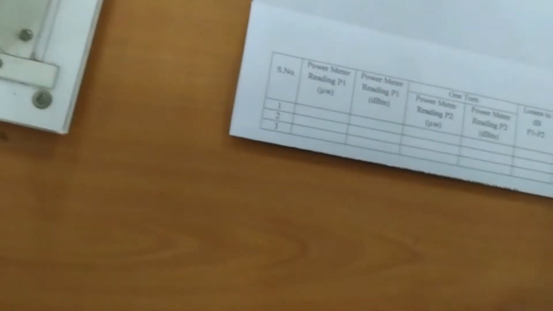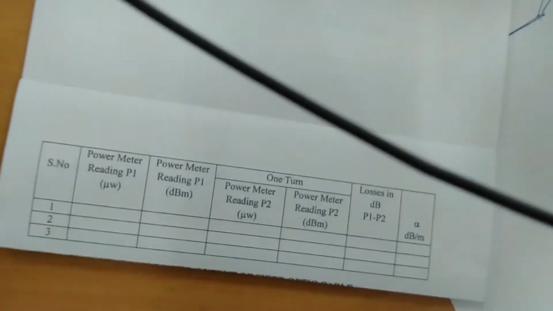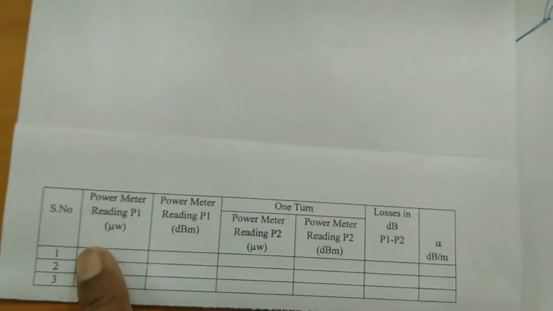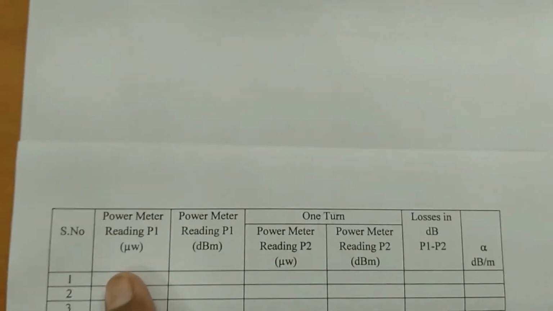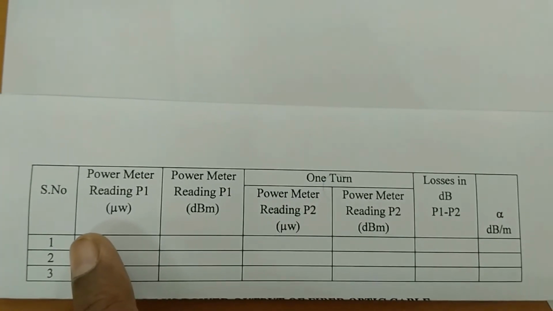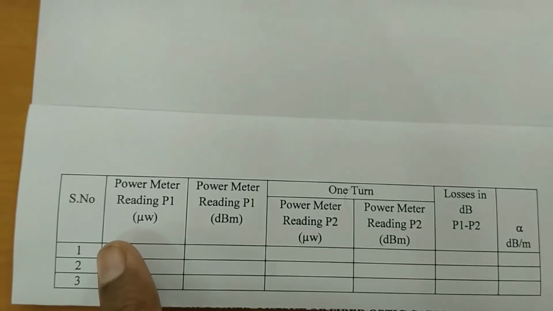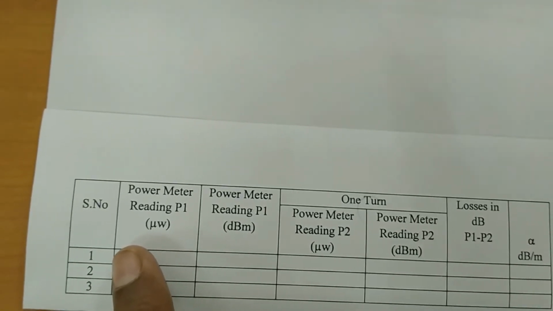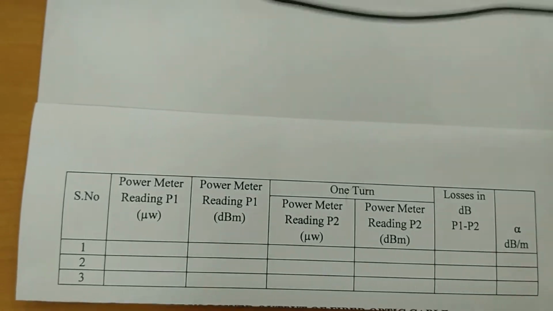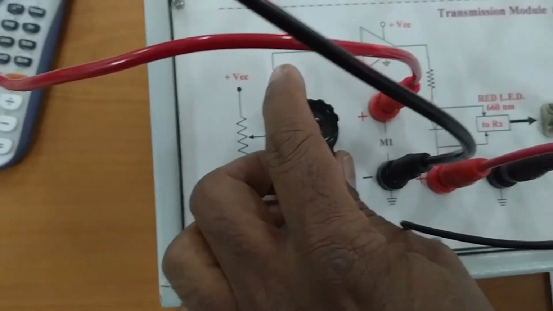The tabular form contains the power meter reading P1 in microwatts. Now I will adjust this optical power meter reading in microwatts to a fixed value by adjusting this knob. I'll adjust this knob slowly.